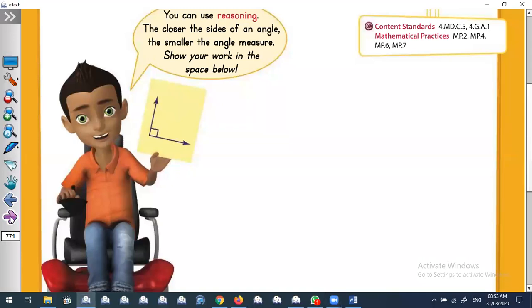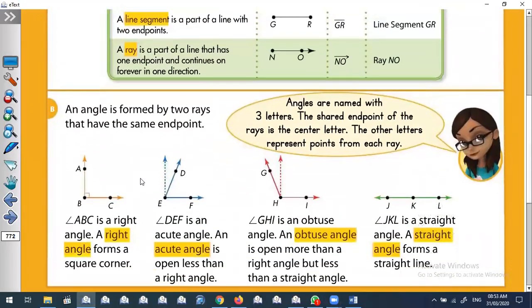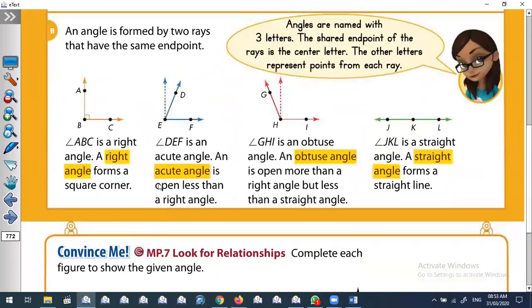Now, we are going to know what are the types of the angles. An angle is formed by two rays, as I told you before, that have the same endpoint.